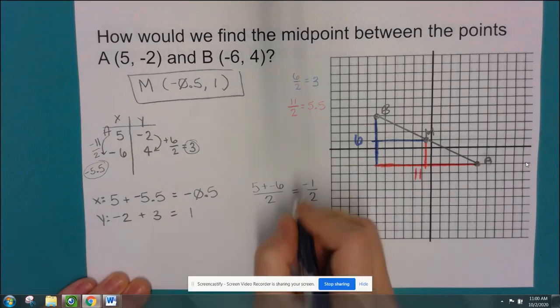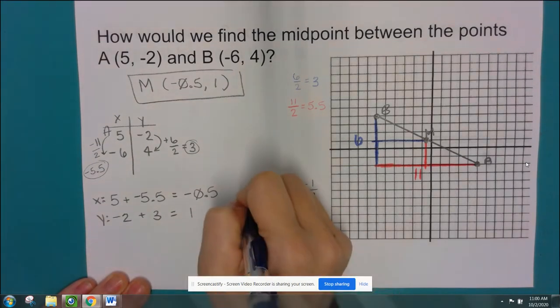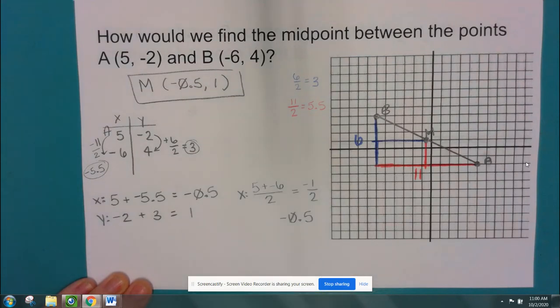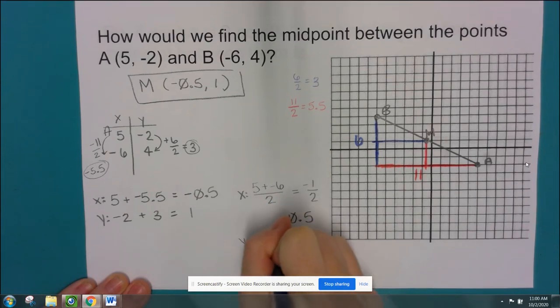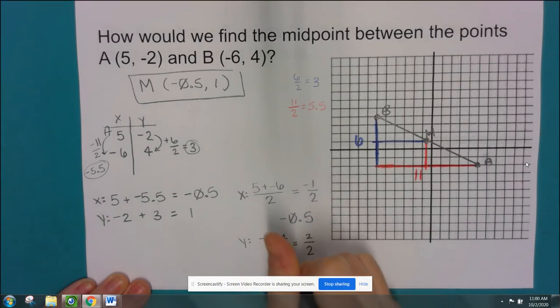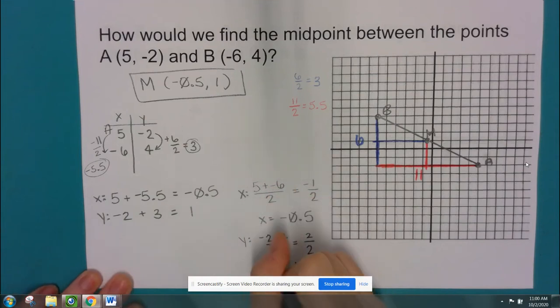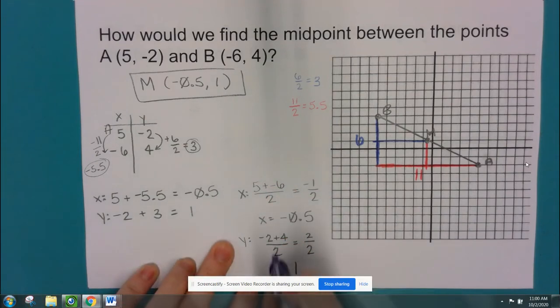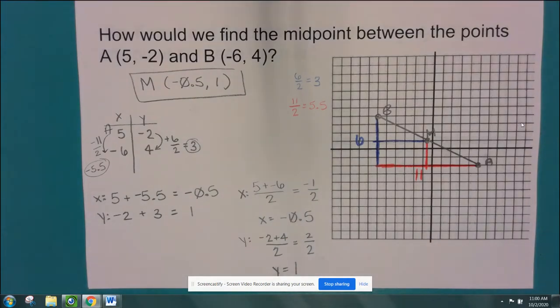And -1/2 is also -0.5. And then I'm going to do the same thing with y. I'm going to average them, -2 plus 4 divided by 2. Well, -2 plus 4 gives me 2, divided by 2 gives me 1. So 3 different ways, oops, this is y, oy vey. 3 different ways to get to the exact same midpoint number.